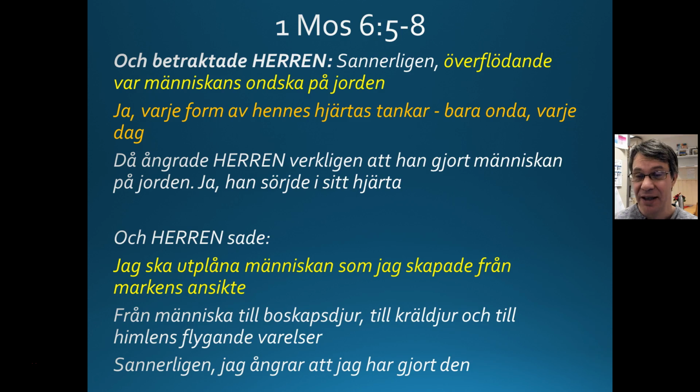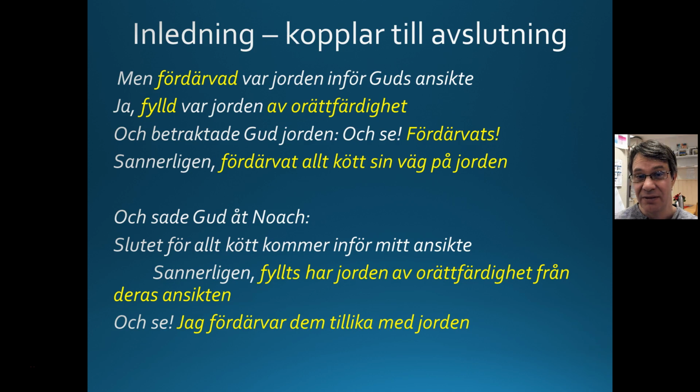And let's check then what comes next in the Toledot of Noah, after the introduction. It's this: the same. Corrupted was the earth before the face of God, filled was the earth with unrighteousness. And God saw the earth, and behold, it had been corrupted, and so on. So here we return to what came last, first Noah, then next to last, the description of the situation on the earth.